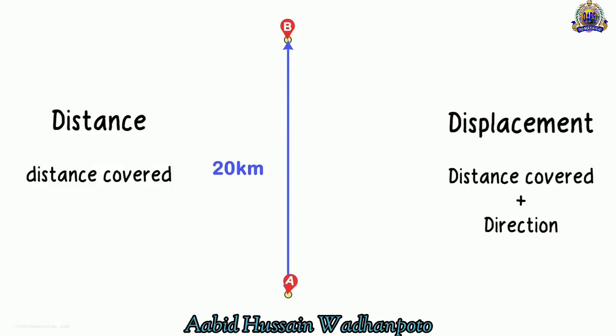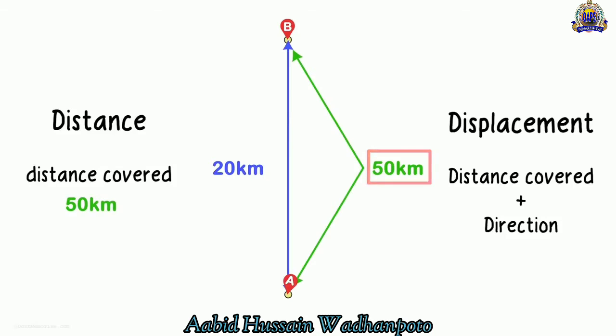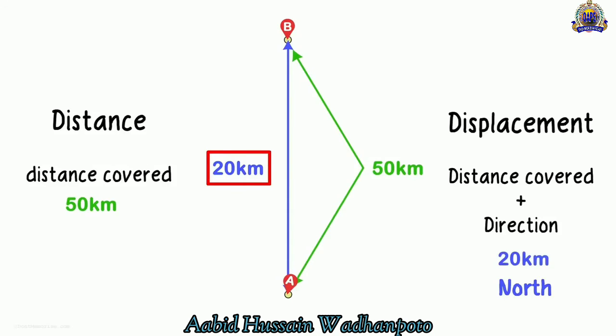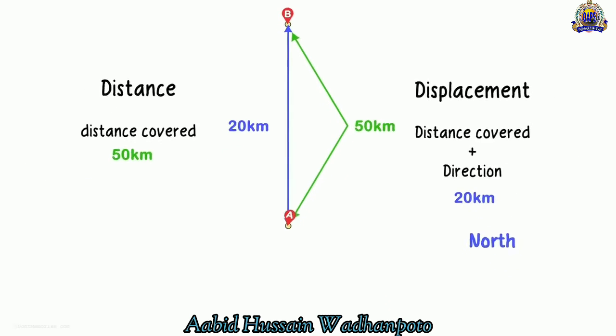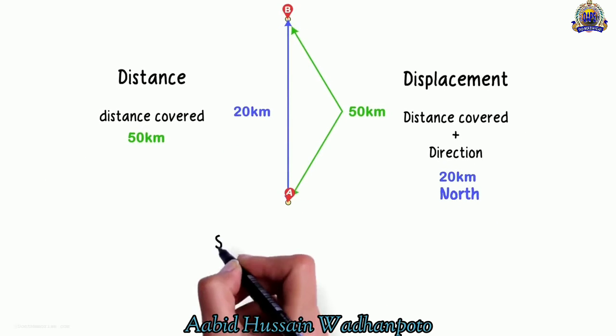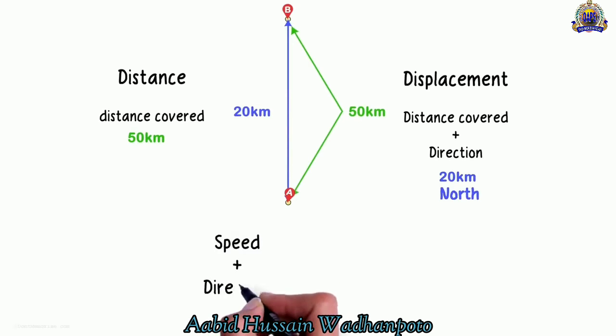If a body is moving from A to B in a particular direction, that is 20 kilometers. But if the body is covering a long length of the route, then it will be called the distance because it is more than that. So here 15 kilometers will be the distance, and 20 kilometers, which is the shortest distance in a particular direction, is the displacement, which is 20 kilometers towards the north.